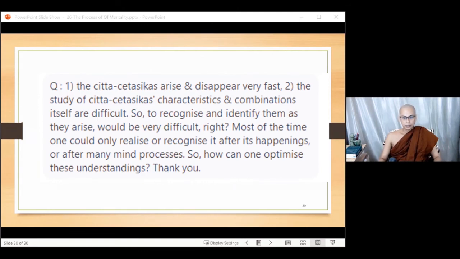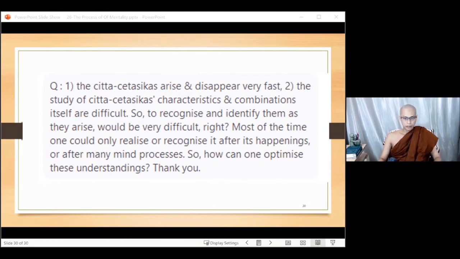Then during meditation, after practicing to accumulate the positive mental factors stronger and stronger, your awareness and your skill to identify the mentalities also become faster and faster.